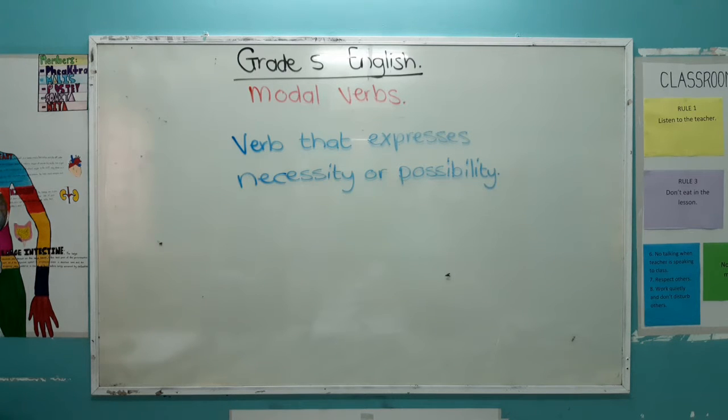So it's something that we use for we have to, they must, you should, you could, you can, we can, they can, okay? It's stuff like that. It's a necessity or a possibility. So I'm going to pause the video again and then I'll prepare the board and then I'll explain further.